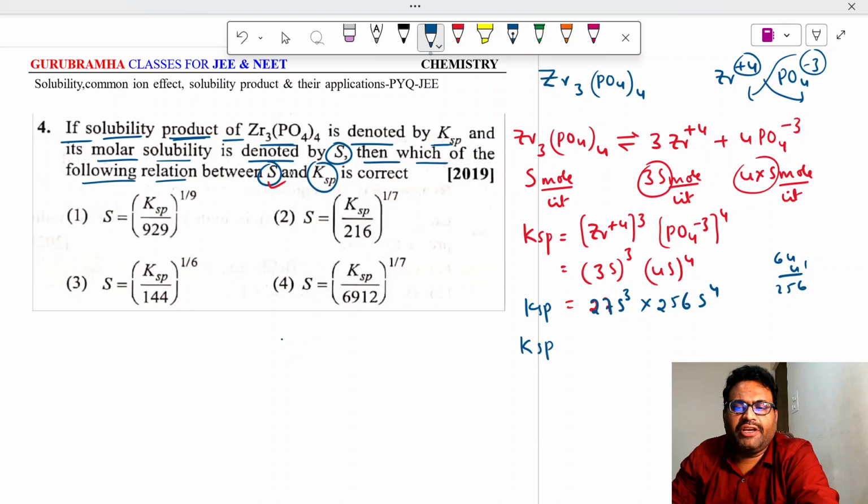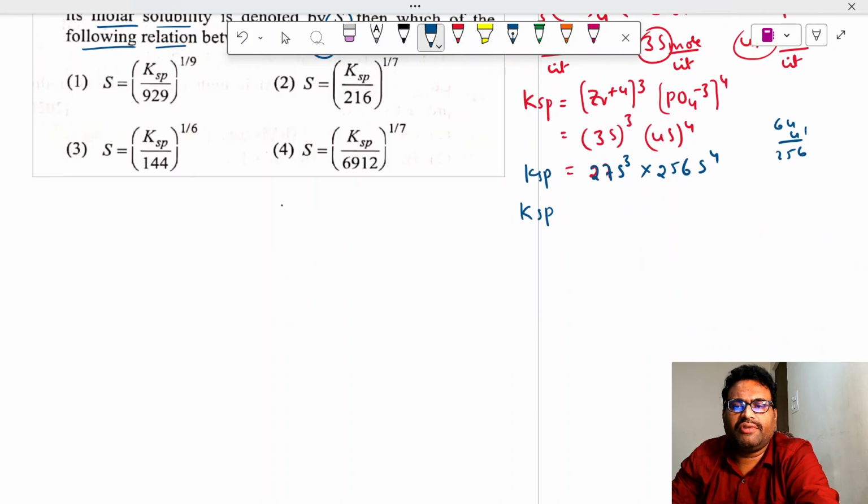So Ksp is equal to 27 into 256 S power 7. If you multiply this, you get 6912 S power 7.